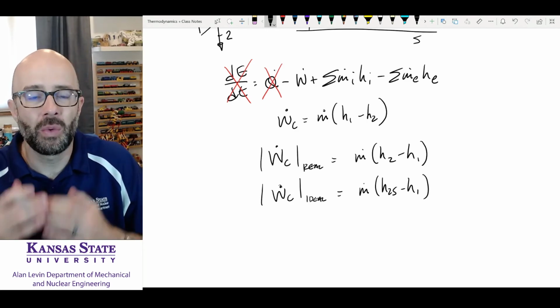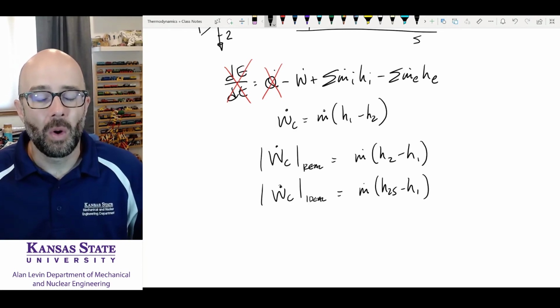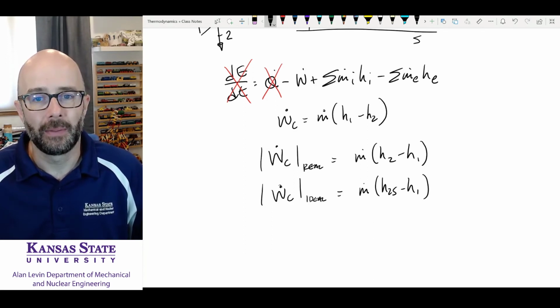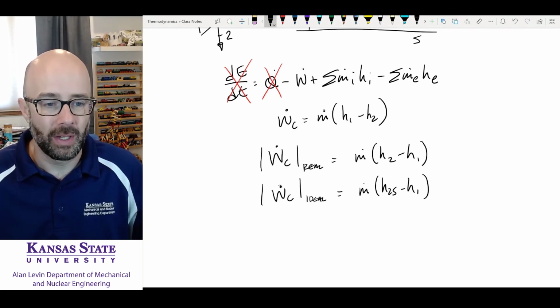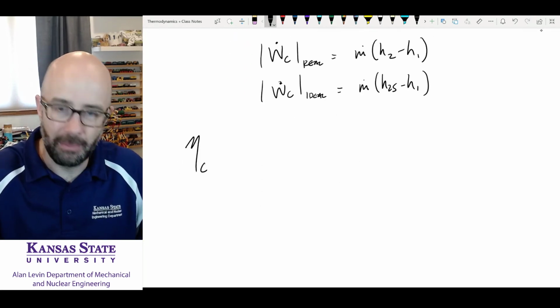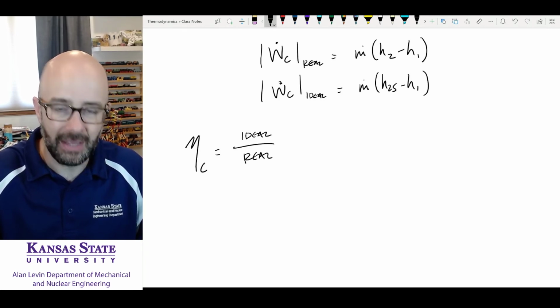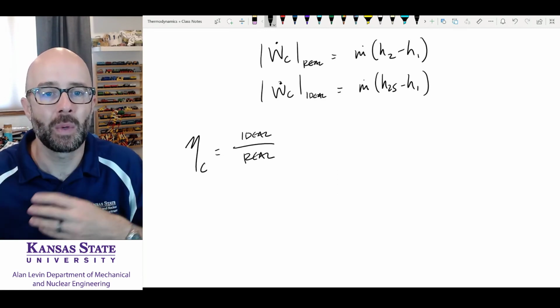Now our question is, which one of these is going to require more power, our real or our ideal? The real one is going to require more power. So our isentropic efficiency of a compressor is actually ideal over real, because we want the bigger thing in the denominator, so we have a number between 0 and 1, or 0 and 100%.